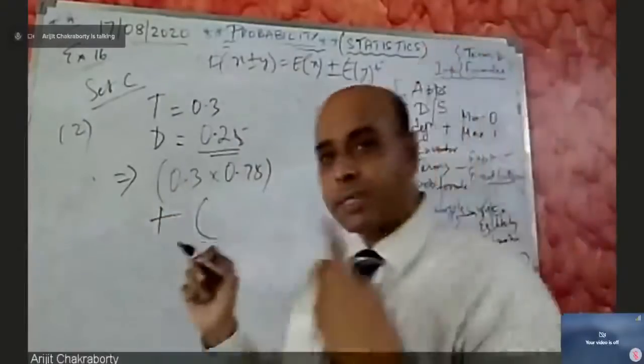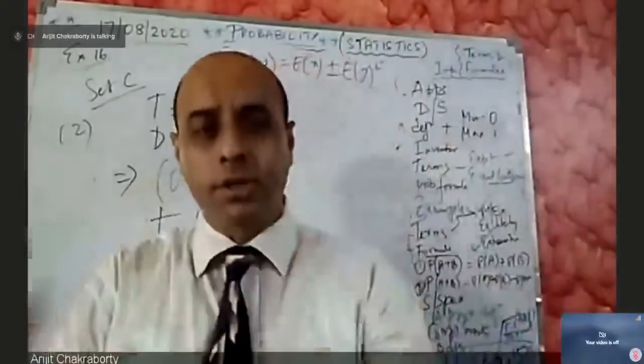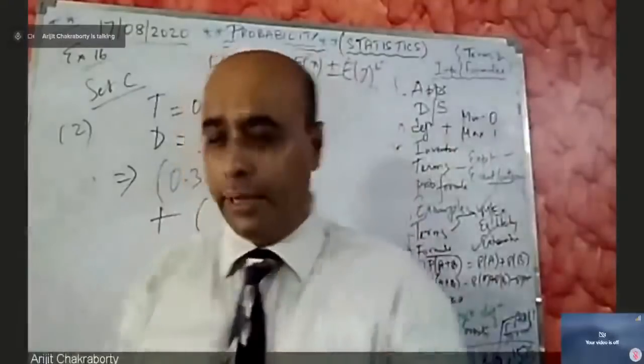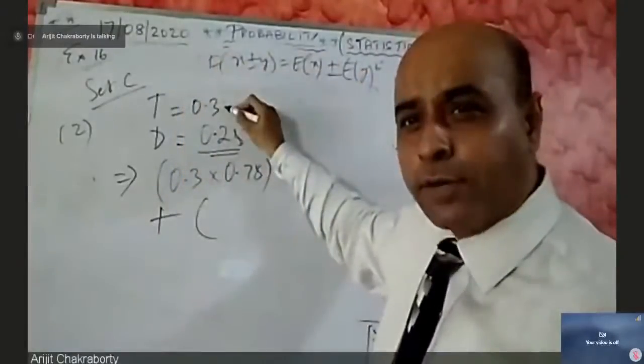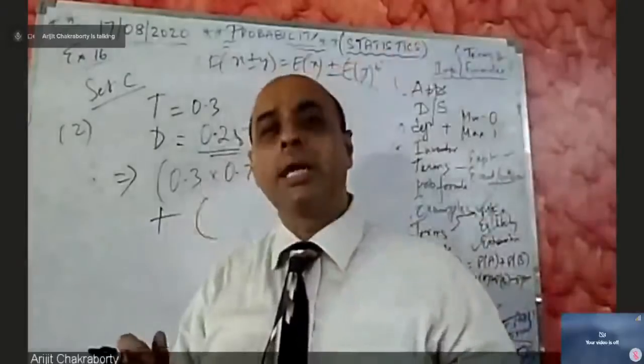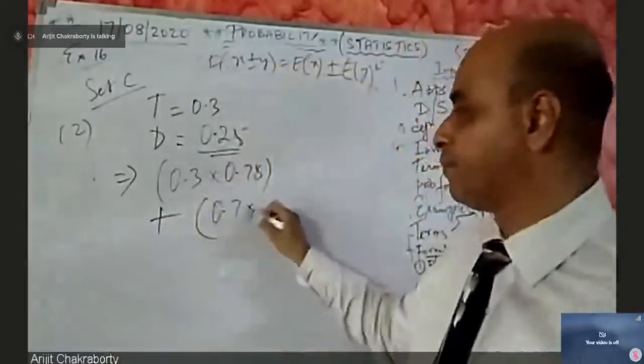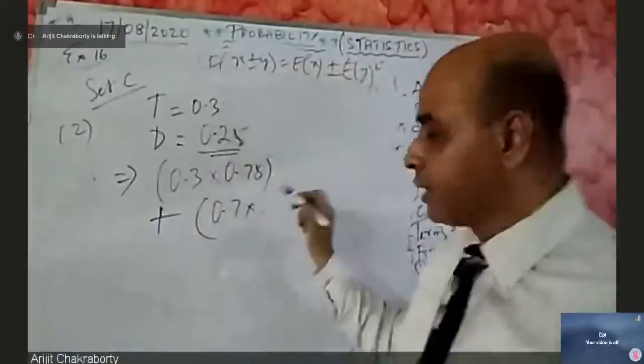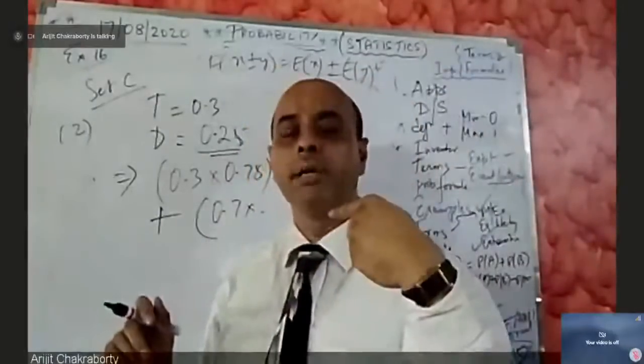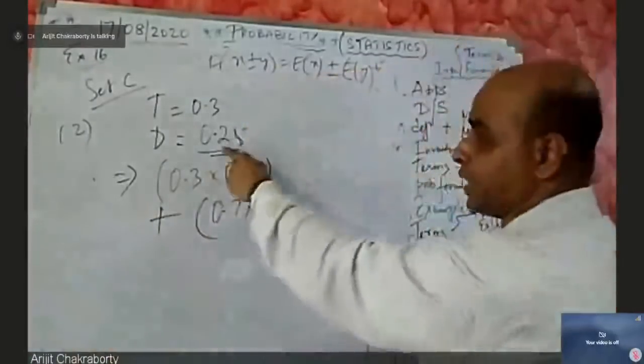Plus, now this time we are assuming Dick is speaking the truth, but Tom is going to lie. Tom speaking the truth, probability is 0.3, so the probability that Tom will lie is given by 0.7, that is 1 minus 0.3. And this time Dick will speak the truth, his probability is 0.25.